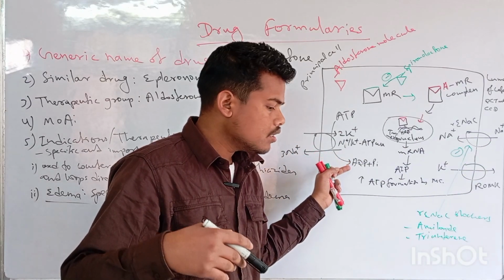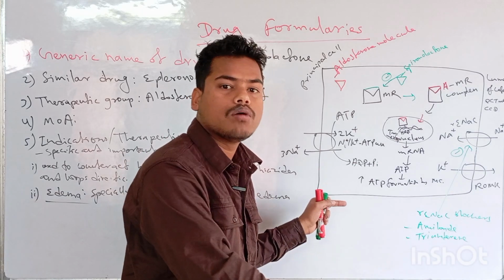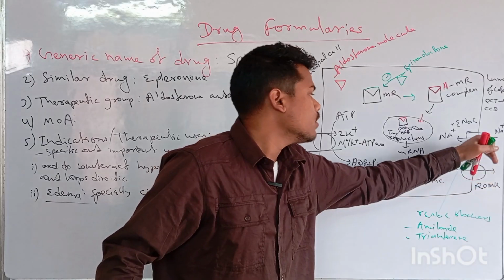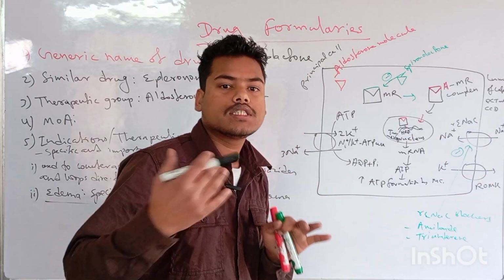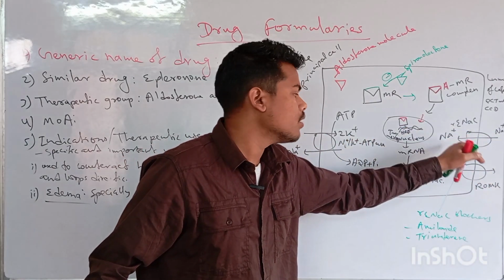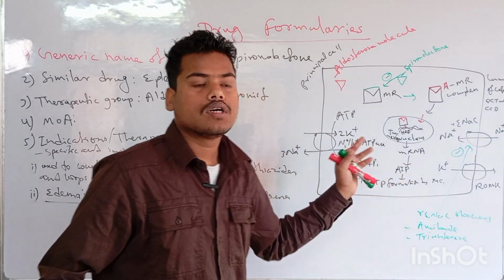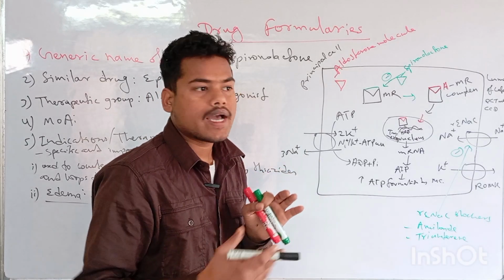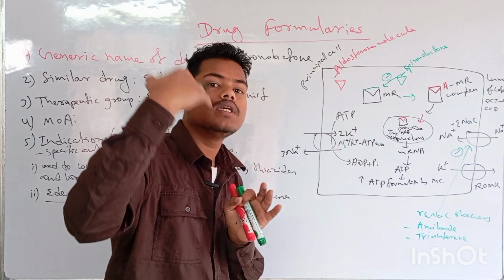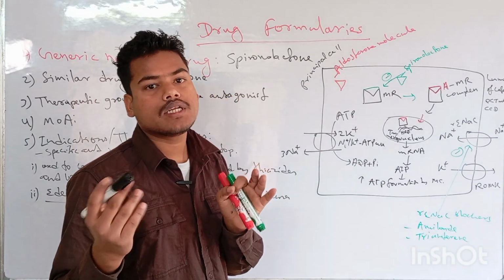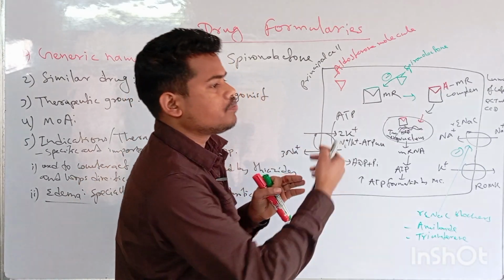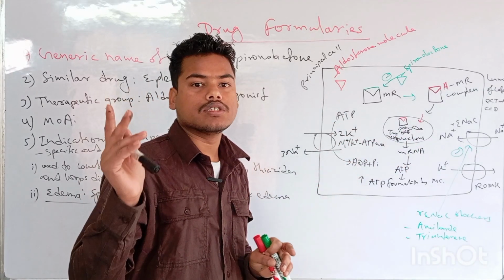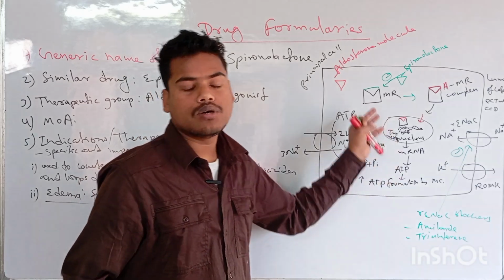If albumin is lost, there will be loss of the fluid also, since that is an osmotically active particle. Then the body will try to retain the salt in excess, and that salt, meaning sodium, will again retain the water, and that water will dilute the plasma fluid, and hydrostatic pressure will be increased. If hydrostatic pressure in the capillaries is increased, that will exudate out into the interstitium and cause the edema. Detailed mechanism of edema I will talk about in pathology.